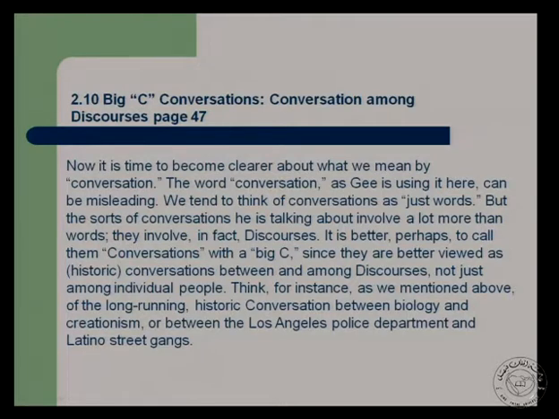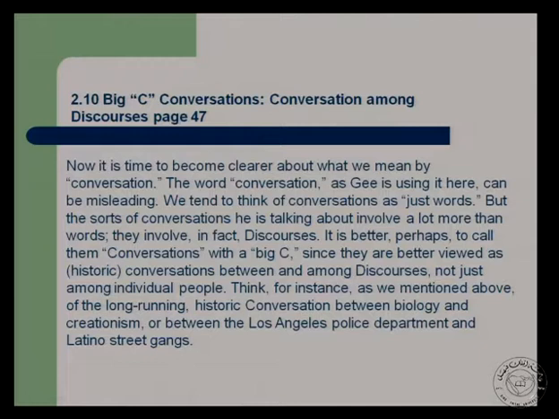We tend to think of conversations as just words. You say something, I say something, through the use of some words. But the source of conversation he is talking about involves a lot more than words.